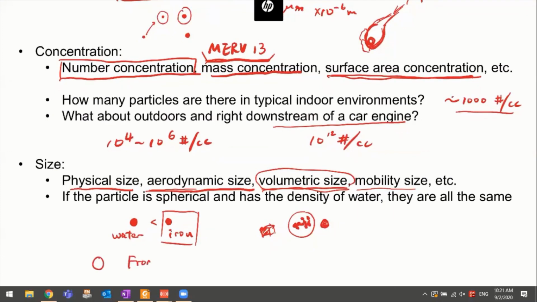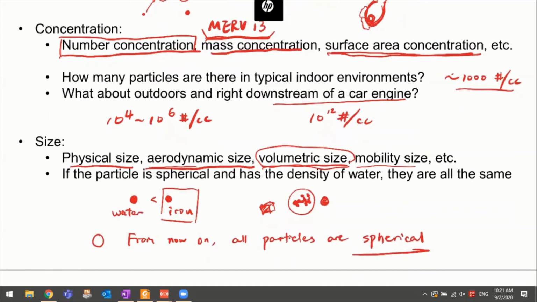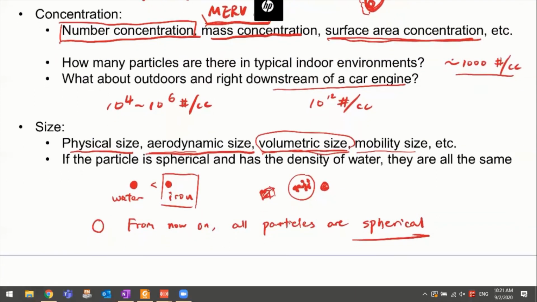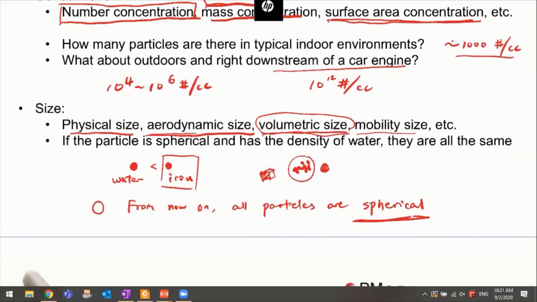So from now on, all particles are spherical. So we can make this assumption, and they may not have equal size or equal density, but in terms of their shape, we just assume that they are round spheres. Okay.